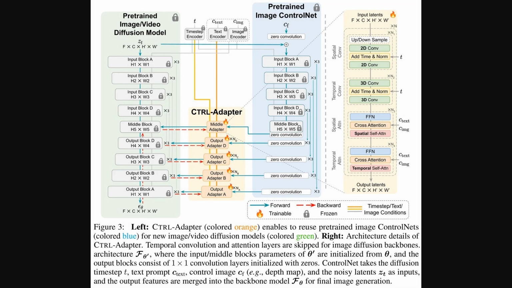Okay, so looking closer at the mechanics, this figure details the Control-Adapter's architecture. On one side, you have a pre-trained image control net, and on the other, the main diffusion model. Both of these are kept frozen, meaning their core settings aren't changed. The Control-Adapter itself, shown in orange, sits in between. It's a set of lightweight, trainable layers that bridge the feature gap.